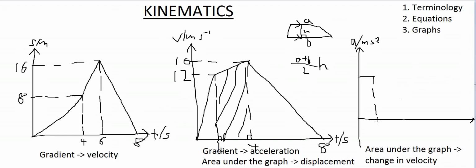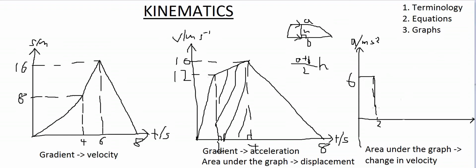For the next portion, this trapezium portion, you travel in 2 seconds and increase to 16 meters per second. The difference is 4 over 2, so the gradient is 2.